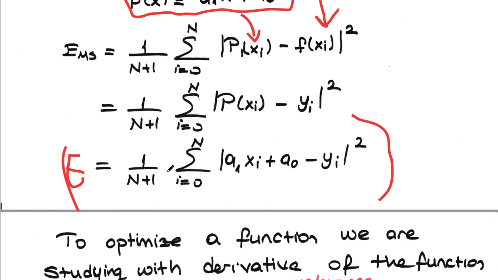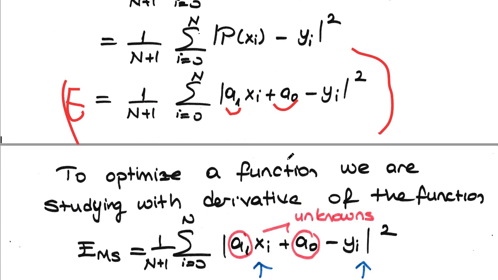So we should minimize our error function, but do not forget we have two unknowns in total. We don't know A1 and A0, such that my error will be minimized. This is the thing you need in order to answer that question. It is our main objective.